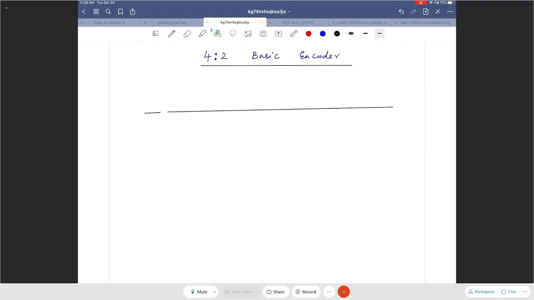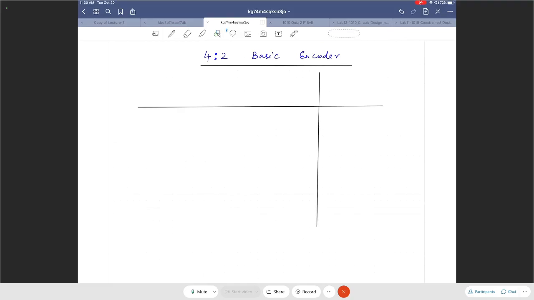And the truth table is going to be similar to what we had before. We have, say, 4 inputs. Let me call them I3, I2, I1, I0, and I have 2 outputs.